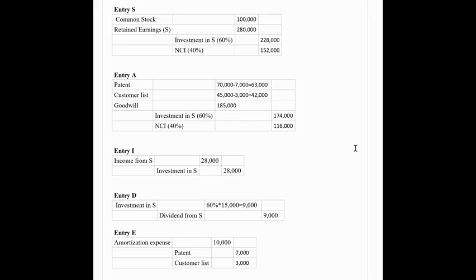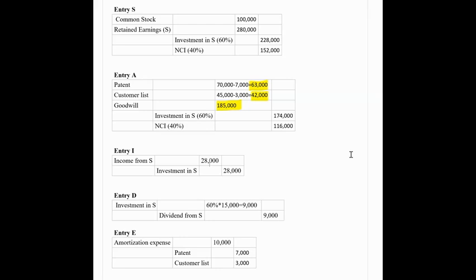So after 1 year of amortization, the new amount for patent is 63,000 and for customer list is 42,000. Because we do not amortize goodwill, it's still going to be 185,000. And then we debit the investment account and also debit the non-controlling interest account. We're going to allocate 60% of the total debit to the investment account and 40% of the total debit to the non-controlling interest account.